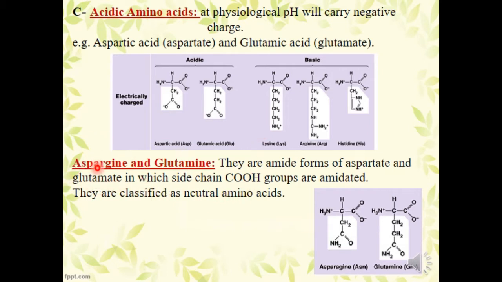So asparagine and glutamine, although they sound similar to the negatively charged acidic amino acids, aspartic acid and glutamic acid, are in fact the amide forms of aspartate and glutamate, in which their side chain COOH group becomes amidated.